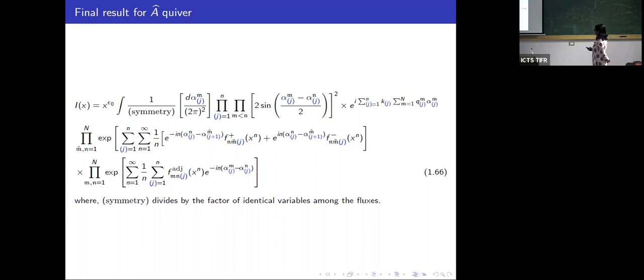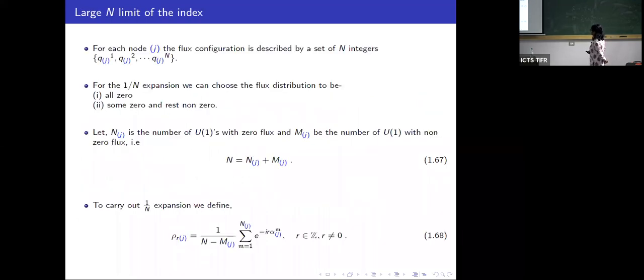Okay. So now we want to do a large N analysis of this index so that we can match the superconformal index from the gravity side of the same theory. And it is basically done as follows. For the 1/N expansion, we can choose the flux distribution, which is denoted by this set of N integers q.